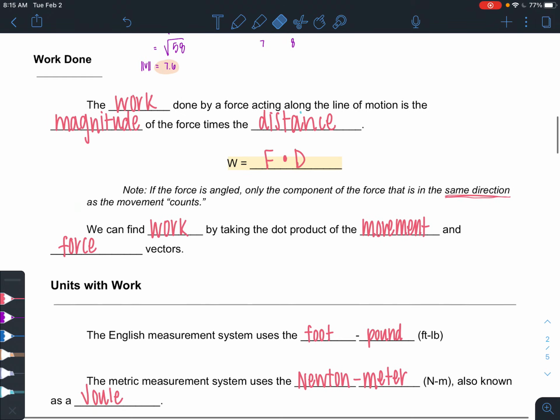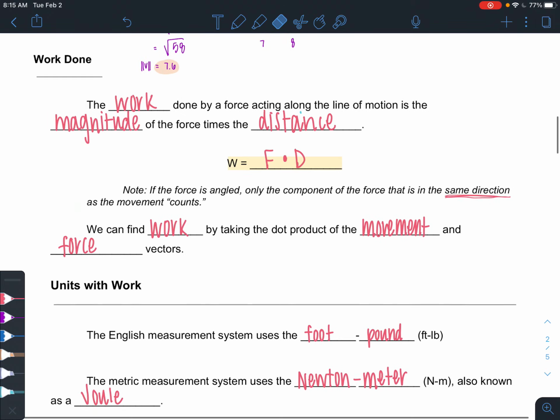Then our second one is 75 pounds, which is written as 0, 75 for the force vector.